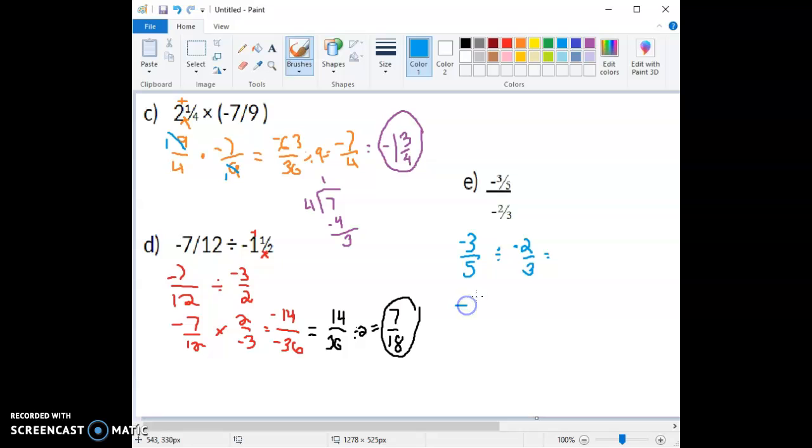Then I'm going to keep change flip. Okay? Then I'll multiply across: negative 9, negative 10, and we just talked about what happens if there's a negative on top of a negative. So we're going to get a positive 9/10. They can't be reduced, so I'm all done.